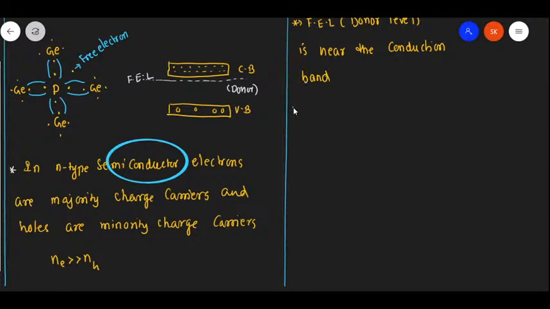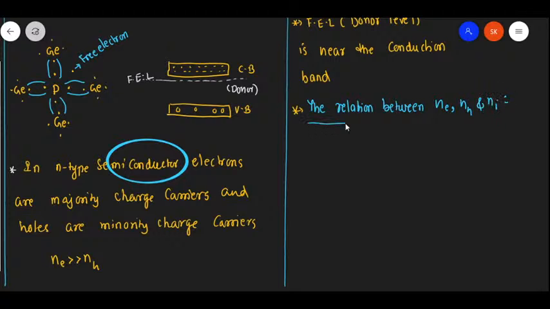Next, one small point: the relation between Ne, Nh and Ni.